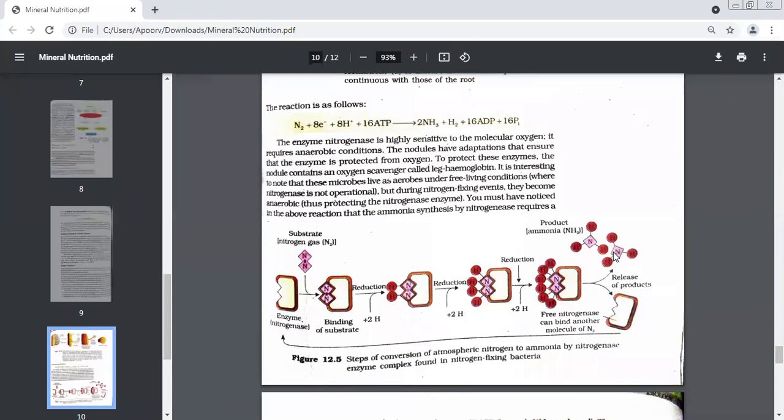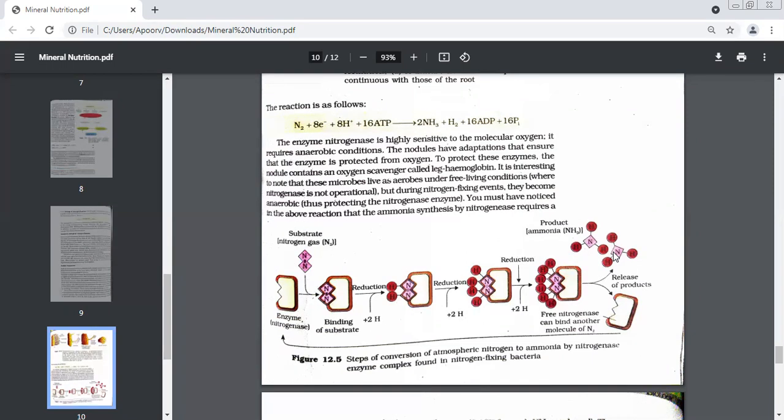Let me go through this paragraph very quickly. The main purpose is nitrogen fixation. That means we need to convert nitrogen to ammonia. And which enzyme would be needed for this process? Nitrogenase. Inside the nodule we already have nitrogenase, but there is one problem: this enzyme will work only under anaerobic conditions.